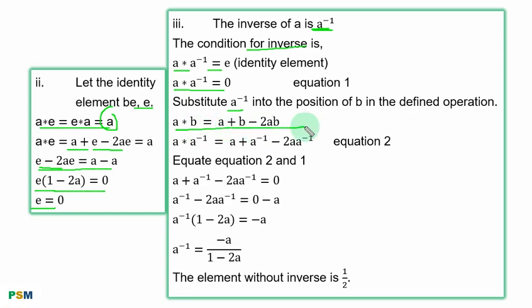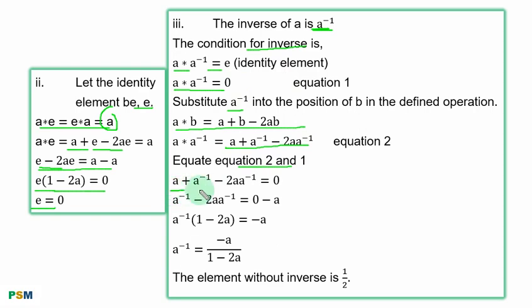If you replace b with a inverse, you have this result. That is equation 2. You have to equate equations 2 and 1 because the left hand sides are equal. By implication, the other sides are also equal.